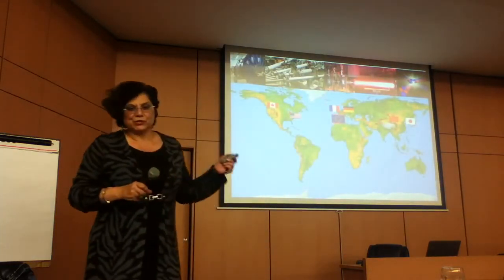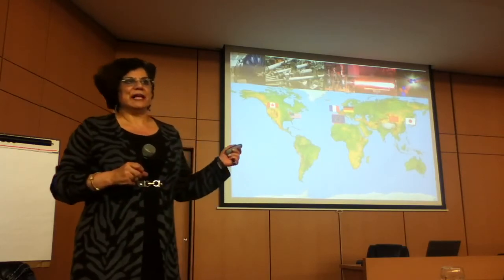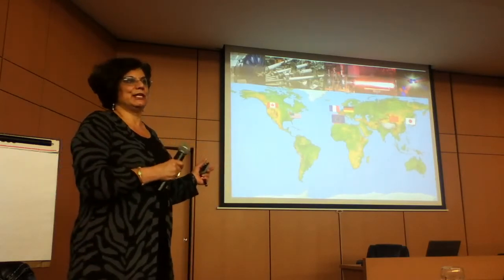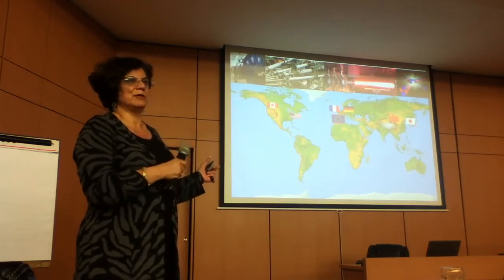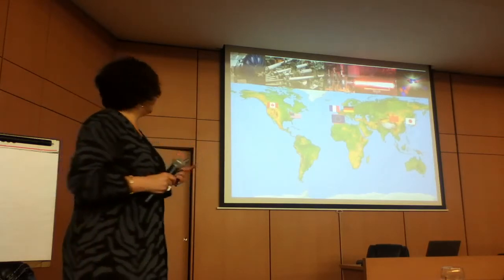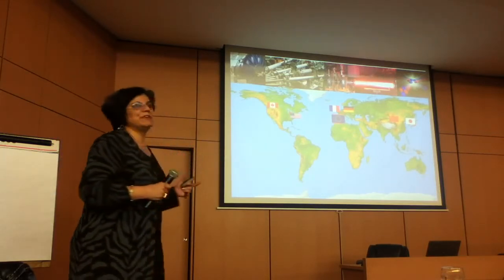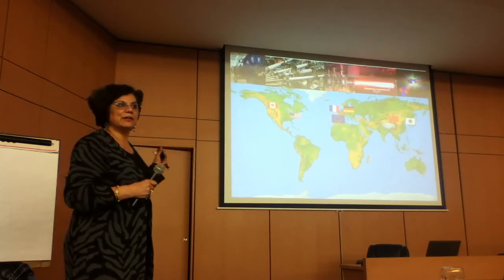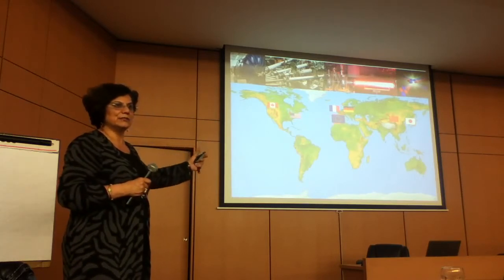The reason I wanted to show the world map with all the flags is that this question of how the elements from iron to uranium were made was a very strong motivation for the building of a lot of these facilities across the world.